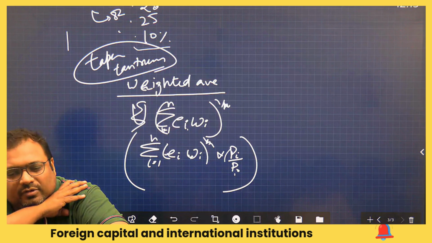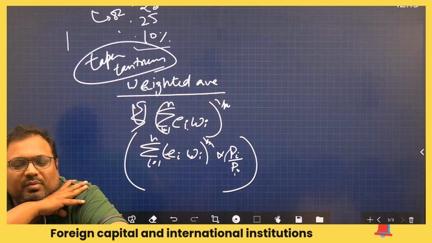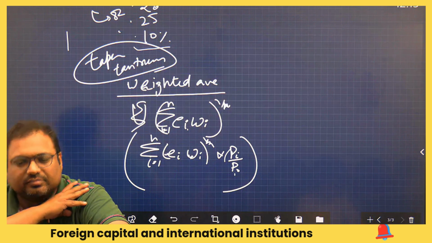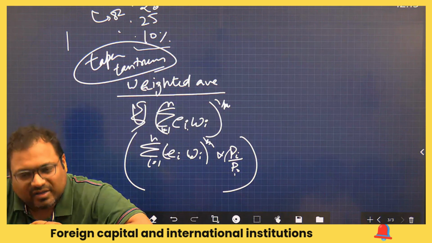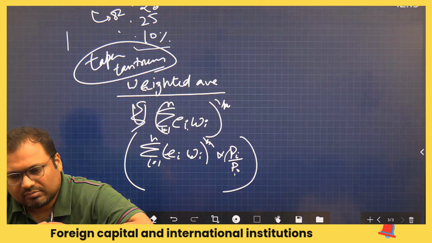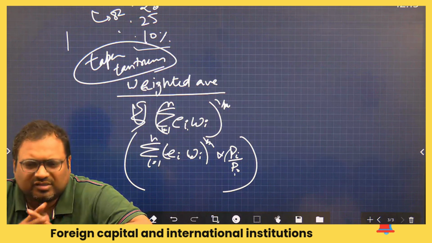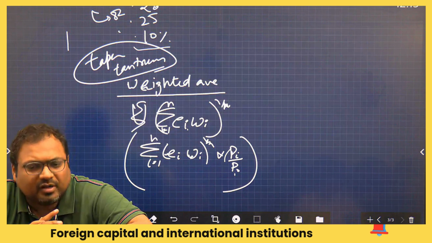Okay, for example, one of the big players in this market is JP Morgan Chase. For example, JP Morgan Chase, Morgan Stanley, Barclays. These are all examples of institutional investors. BlackRock is a big player in the Indian market.